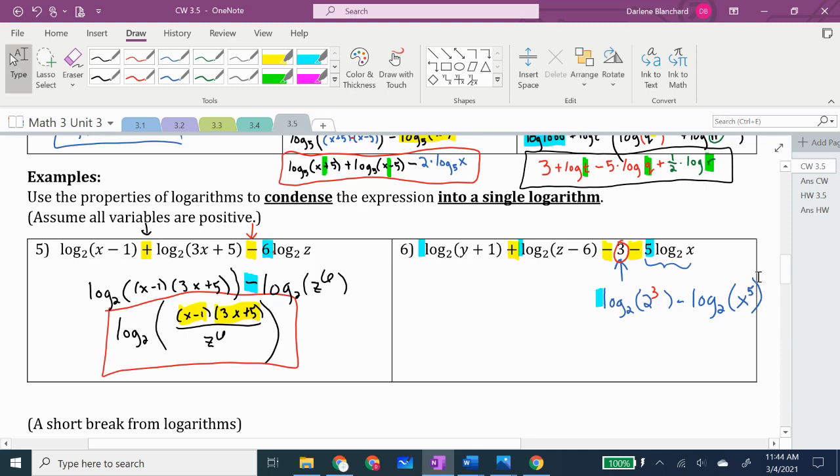Now I'm going to, at the same time, take these two logarithms that are being added and don't have anything extra multiplying, and I'm going to condense them into one logarithm with multiplication. And then that takes care of that addition.